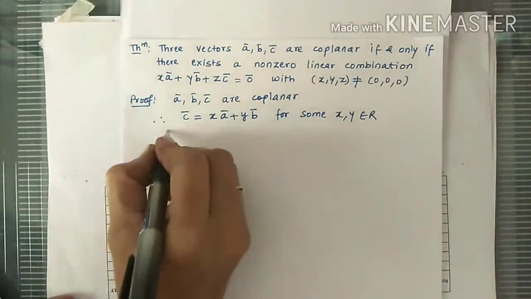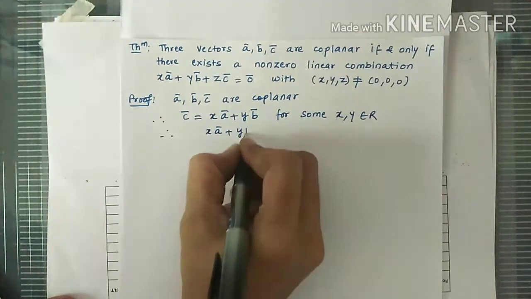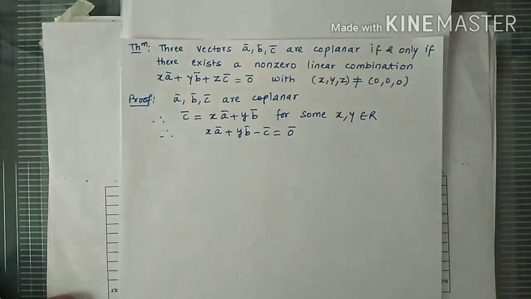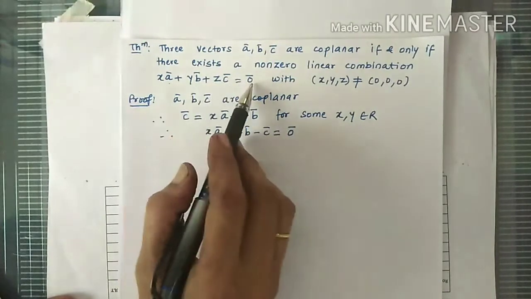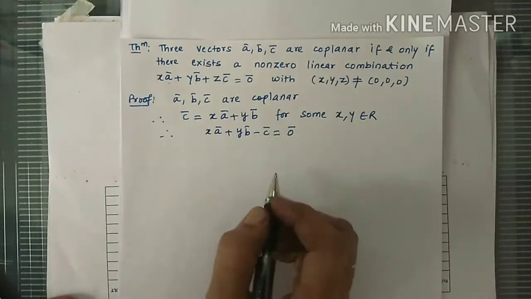Therefore, writing this as XA bar plus YB bar minus C bar equal to 0 bar. So we have XA bar plus YB bar plus ZC bar equal to 0 bar, and here the value of Z is -1.